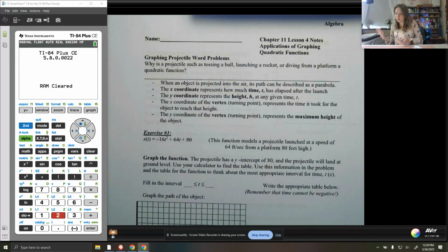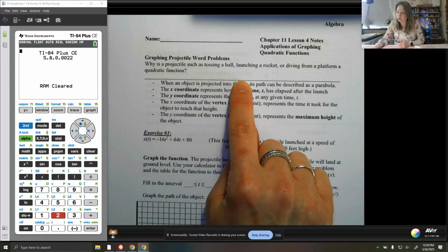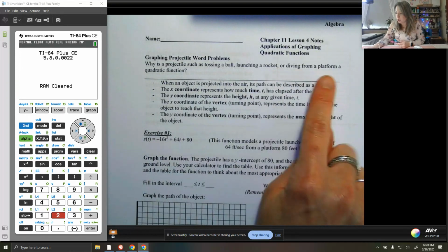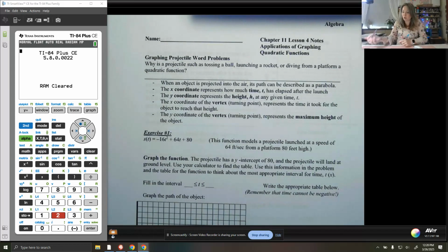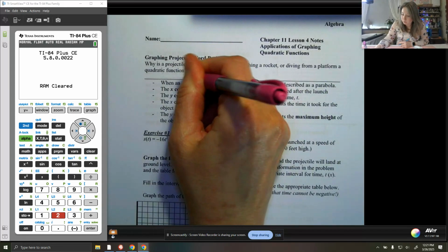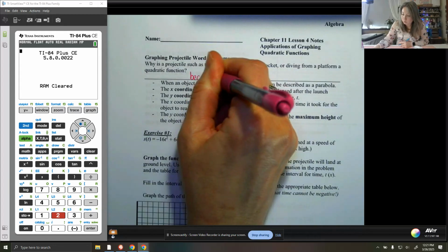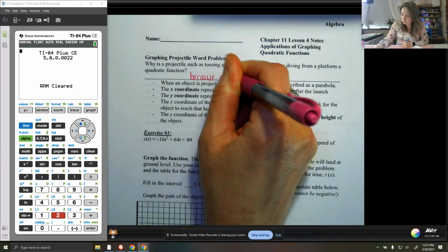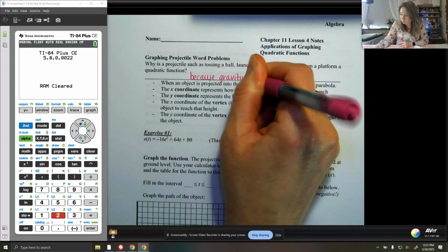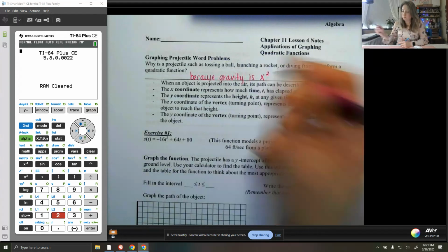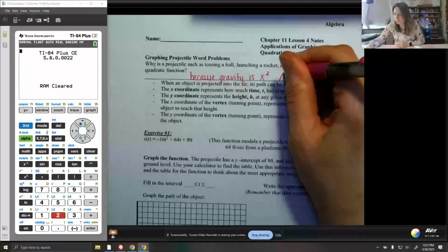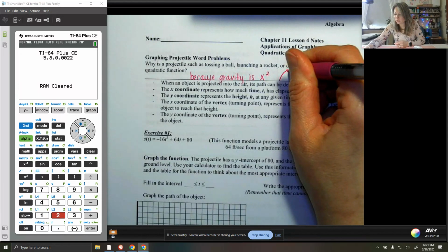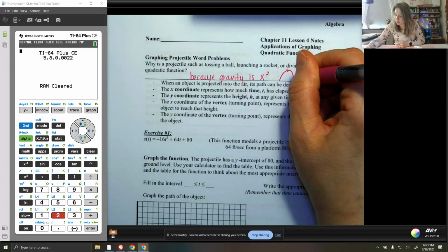What this means for us is, why is a projectile such as tossing a ball, launching a rocket, or diving from a platform a quadratic function? Because gravity is quadratic. Also, something goes up, up, up, and then hits a maximum point and comes down, down, down.